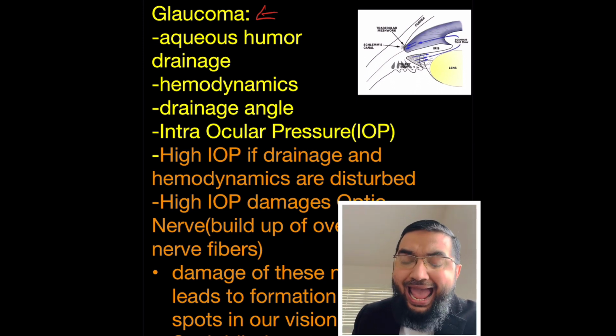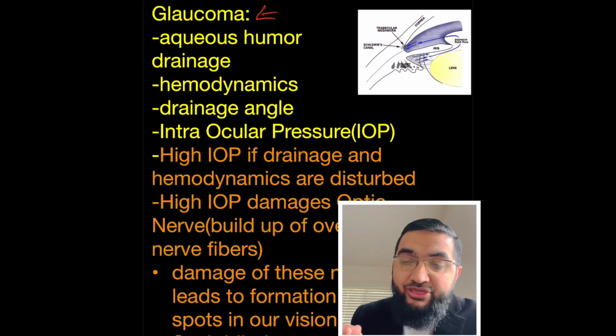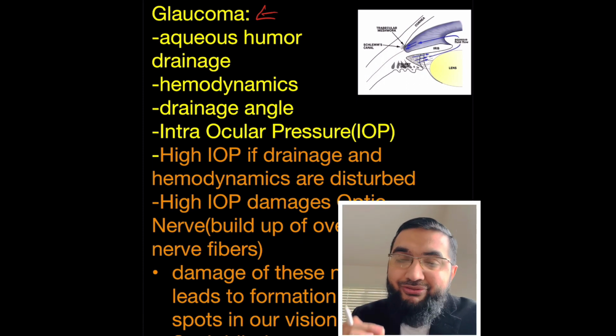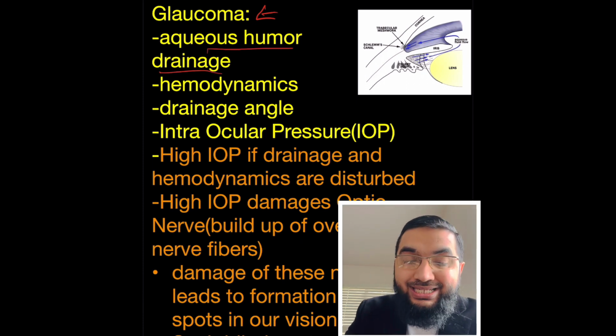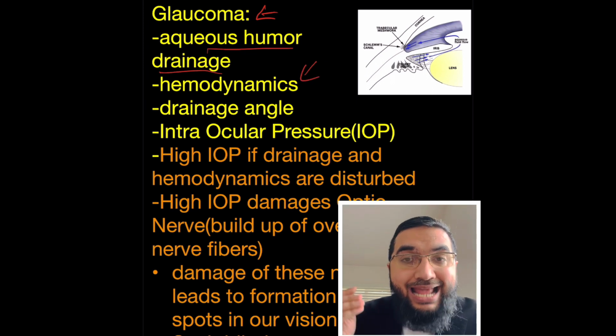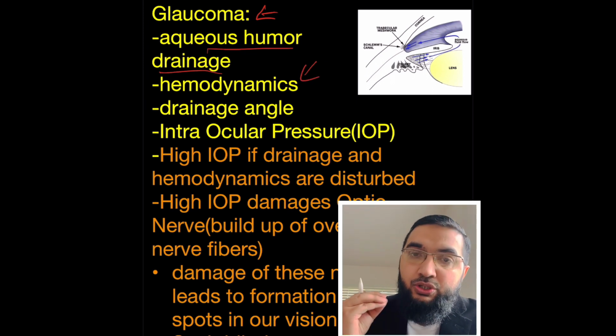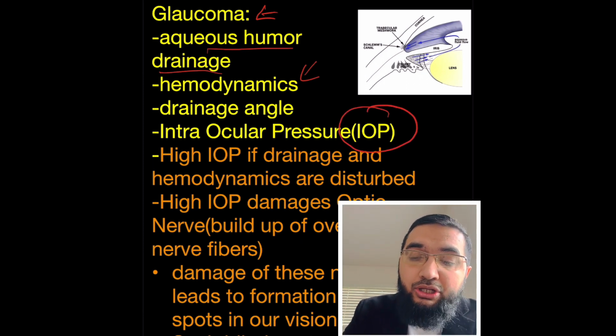So what happens actually is, inside your eye there is a fluid called aqueous humor, and the drainage of that fluid is exceptionally important because that drainage determines the hemodynamics within your eye, and that hemodynamics determines the intraocular pressure.